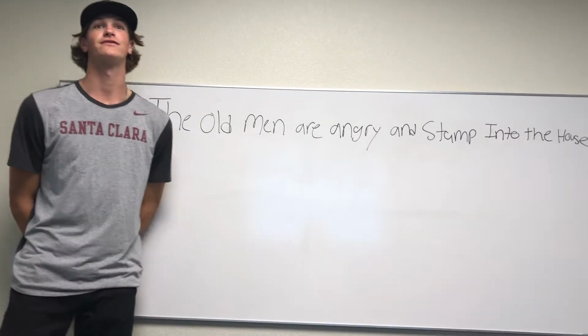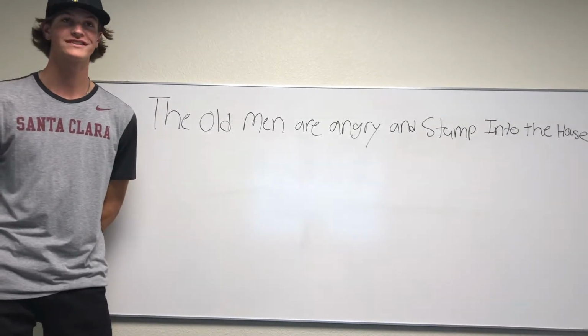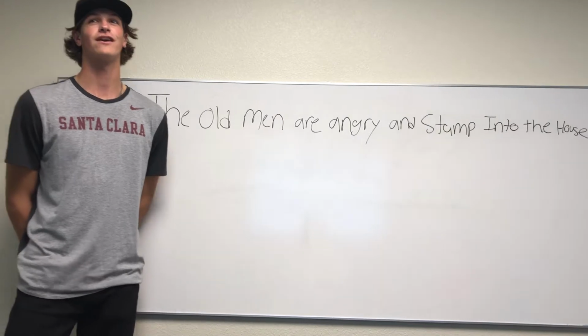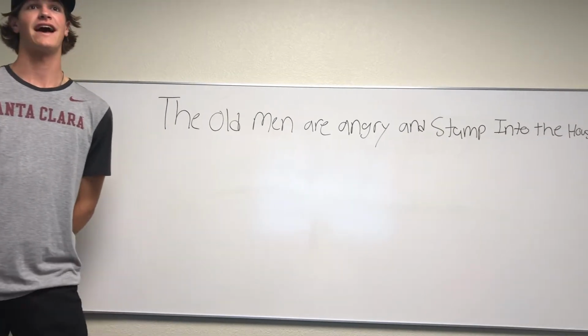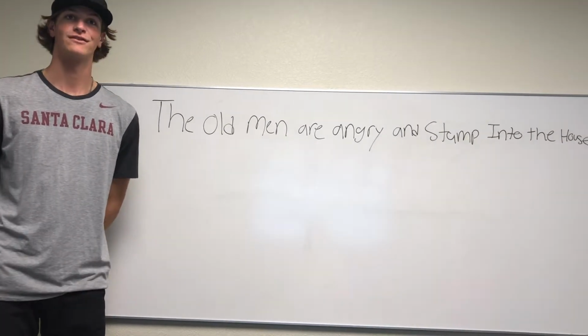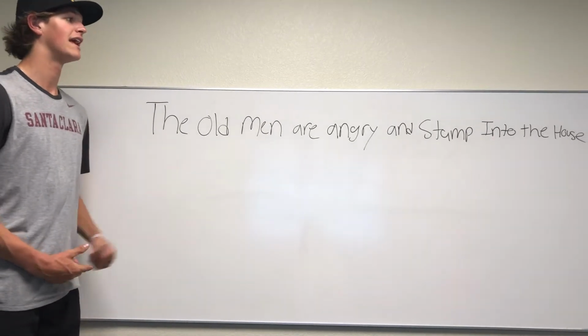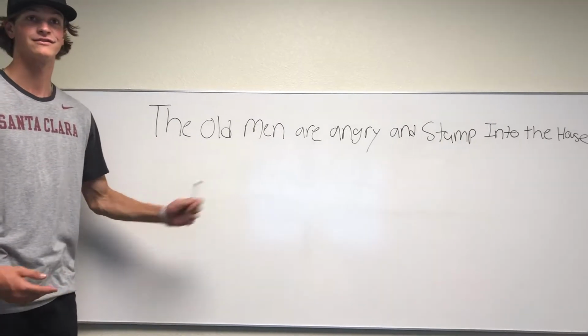How can we check for subject-verb agreement problems? Check your draft by circling each sentence subject and drawing a line with an arrow to that subject's verb. For example, say you had written, the old men are angry and stamp into the house.